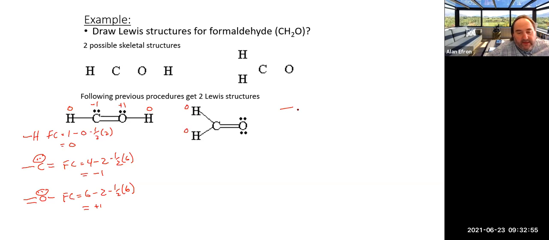We've done the double bond oxygen, but if we look at it, it is going to be 6 minus 4 minus 1/2 of 4. 6 minus 4 is 2, minus 2 is 0, which means this oxygen is carrying a 0 formal charge. And the carbon here in the middle has that arrangement, and that's going to be 4 minus 0, there are no dots, minus 1/2 of 8, and that will give us a formal charge of 0 here.